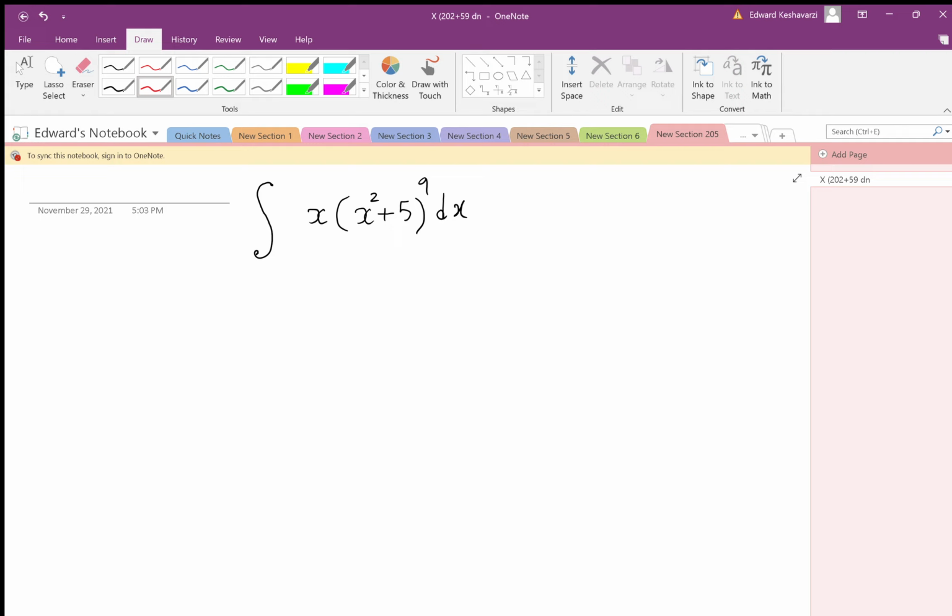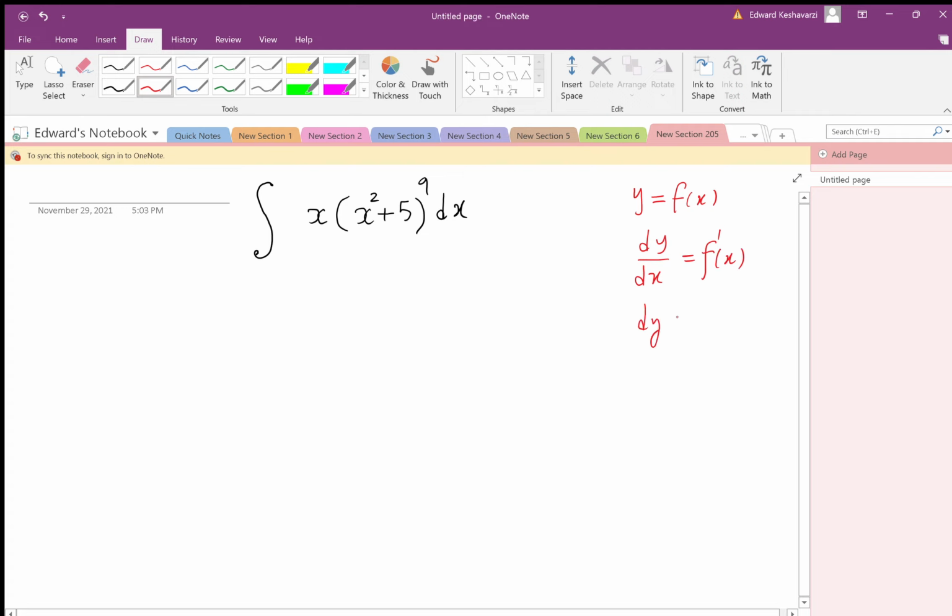Before I start the substitution method, I'm going to remind you that when y equals f of x, then dy over dx is f prime, obviously. And then dy can be written as f prime x dx. So, for example, if y equals x squared, dy equals, according to this formula, f prime, which is 2x, times dx.